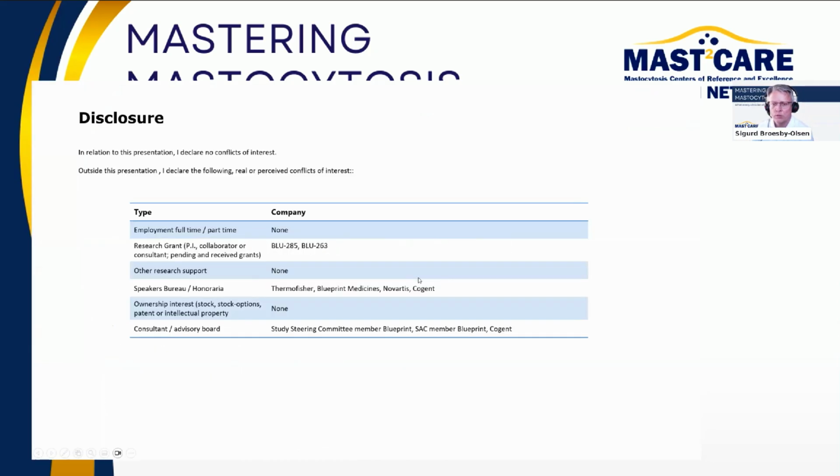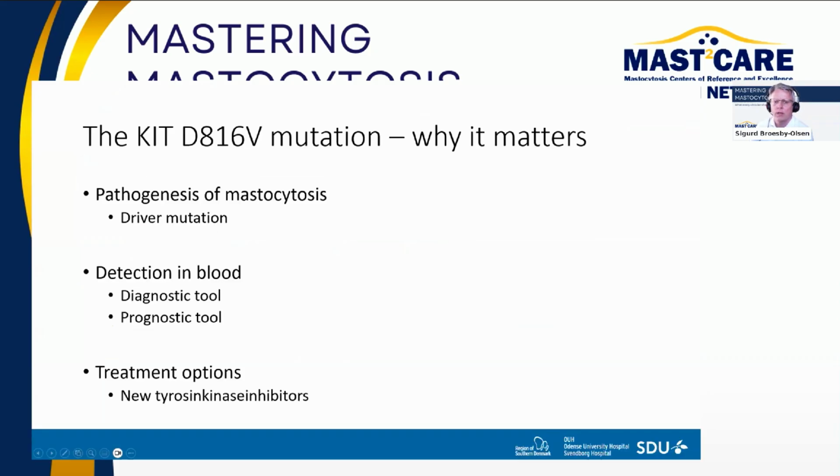These are my disclosures. So I had 3 main points I wanted to include in my presentation. The pathogenesis of mastocytosis is really dependent on KIT mutation, as nicely shown by Polina. KIT D816V is the mutation that we mostly talk about when we see adult patients. Secondly, we can detect this mutation in peripheral blood, which means that we have a strong and specific diagnostic tool and also a prognostic tool.